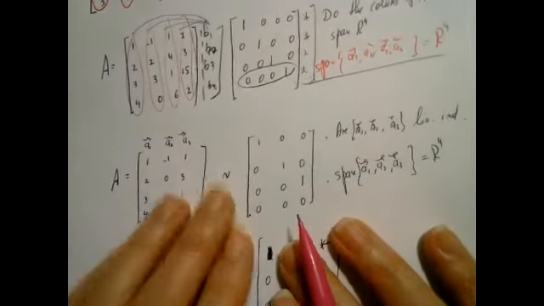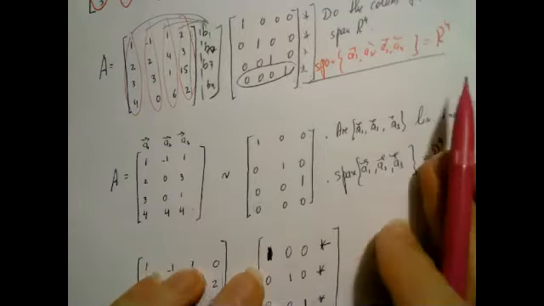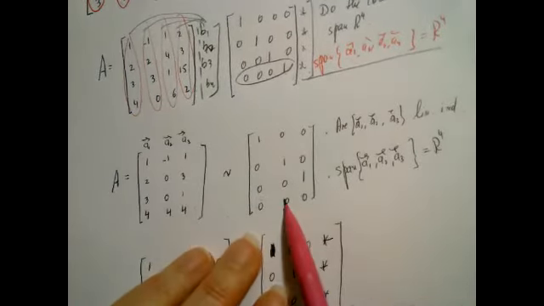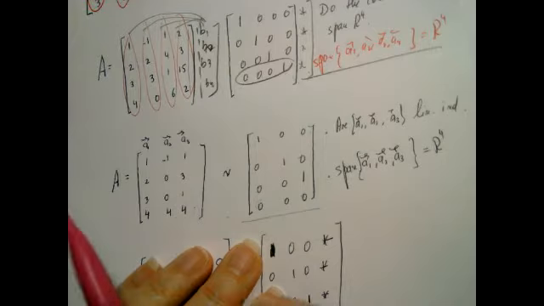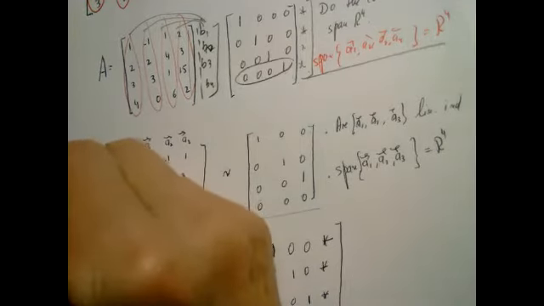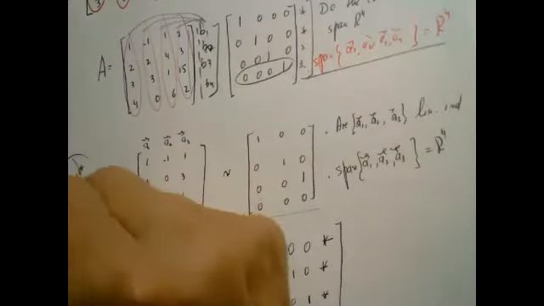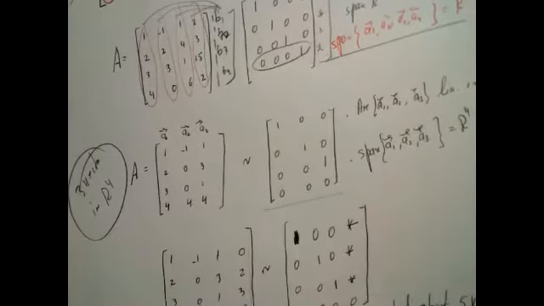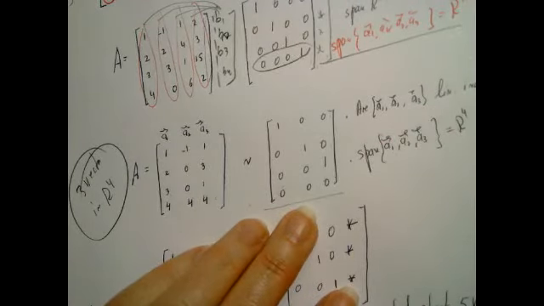Now, how about those vectors? This is my A, and I reduce it. This is A1, A2, A3. I get that. Question number 1. Now I have 3 vectors in R4, so I am really in a different universe. Are the vectors linearly independent?